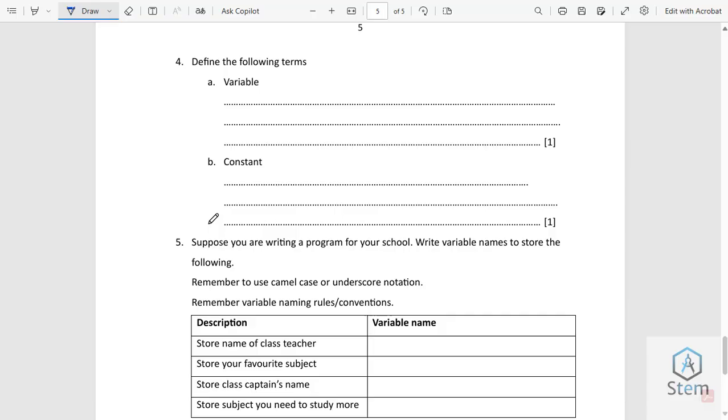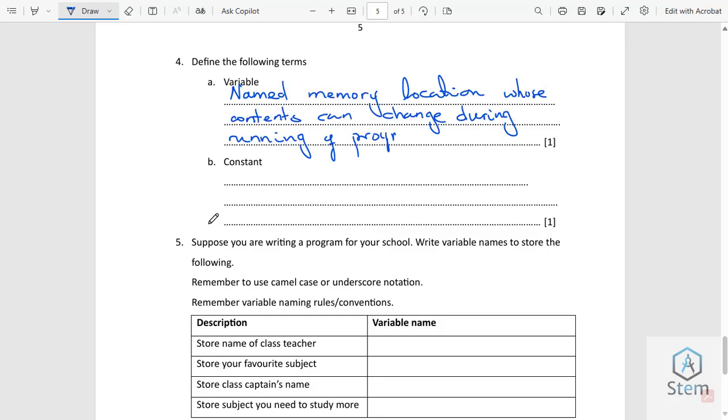Now, what is a variable? This is a named memory location. You can just call it a memory location, named memory location. So, if we have a memory location with a name, and the contents of that location are capable of changing as the program runs, then we can refer to that memory location as a variable.